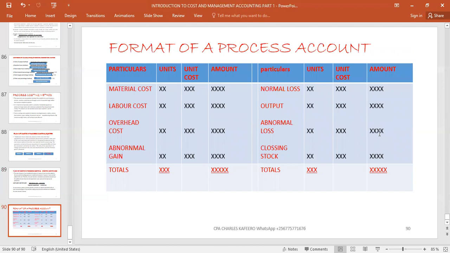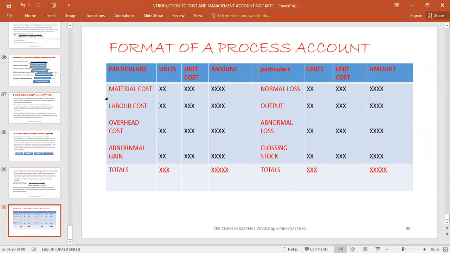So that's the format of a process account. And we have this column for, you can call them items or particulars or details. We have the units. It's a T account. It's a ledger account, actually, which has both, this is the debit side and this is the credit side from your accounting.